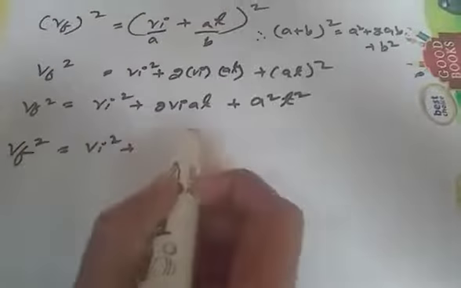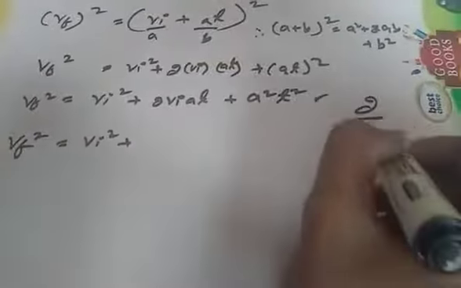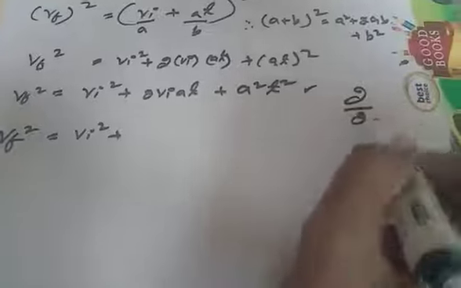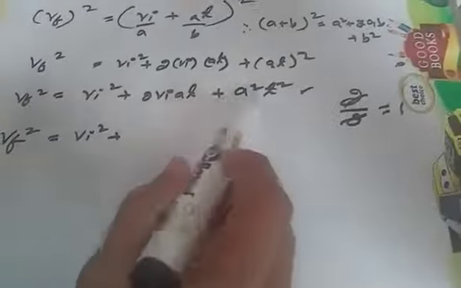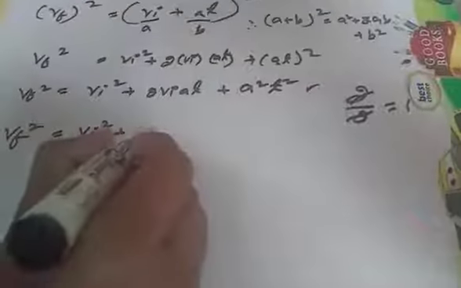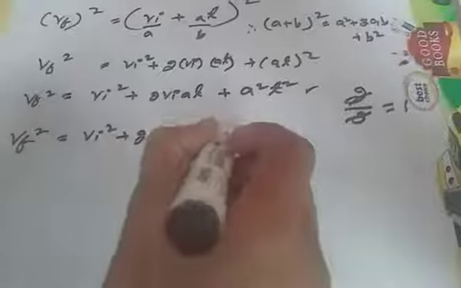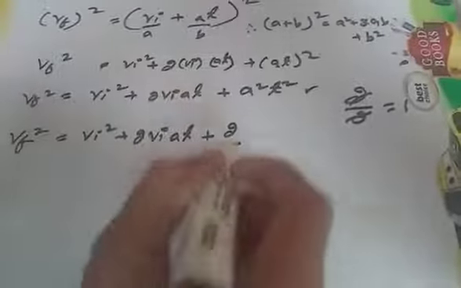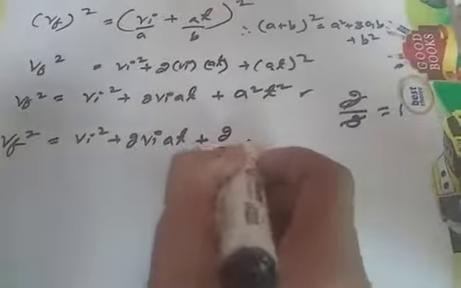Here we will multiply and divide by 2, meaning 2 divided by 2 remains 1. If we put 1 here, there will be no effect on the equation, so we can put 2 upon 2: 2 vi at plus 2 divided by 2 a²t².